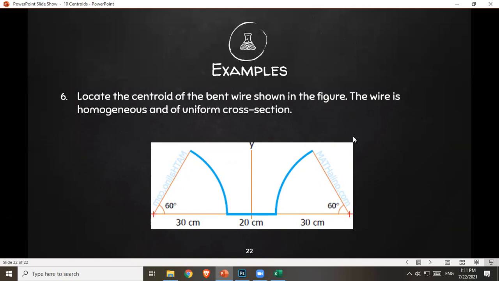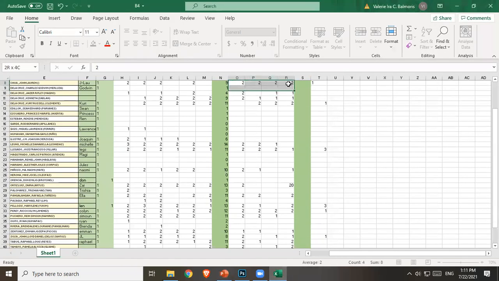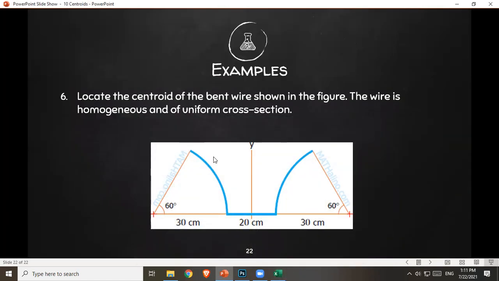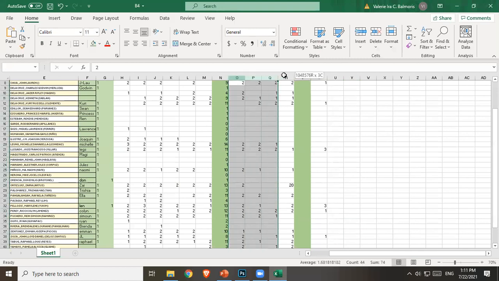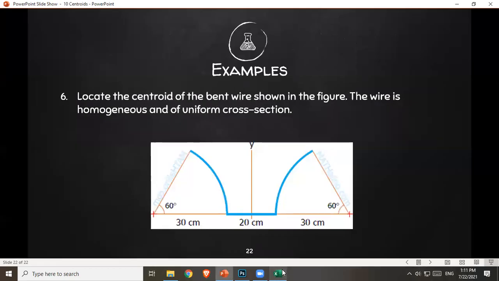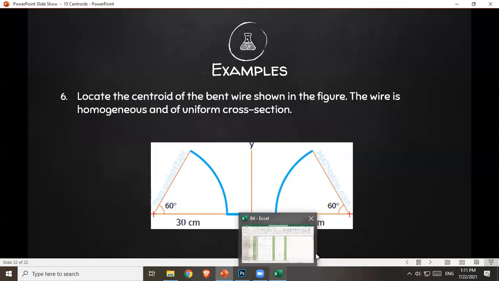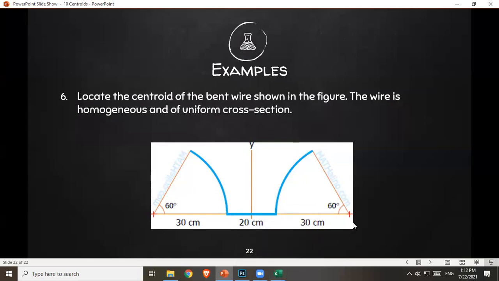Okay, any other concerns? I'm only adding this for the second module. I'm going to get a percentage of this to add as your extra credit. Okay, all right.